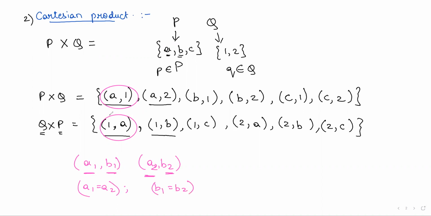So even if we have a, comma 1 and 1, comma a in two Cartesian products, P cross Q and Q cross P, the two values are not equal, they are different.